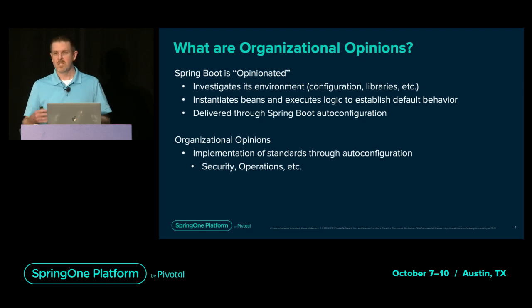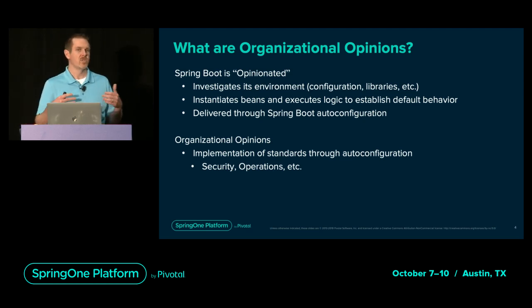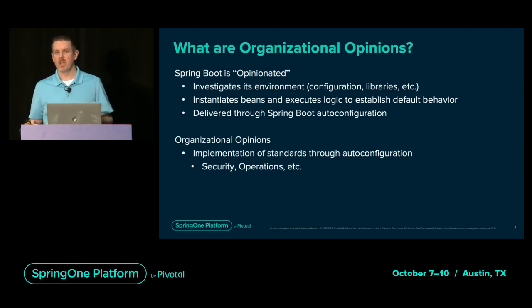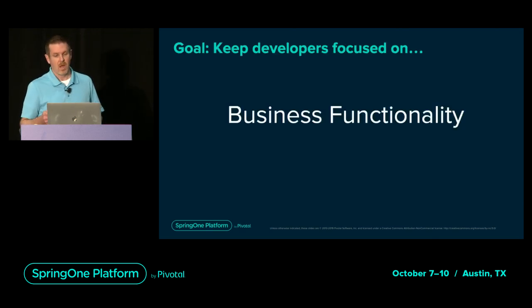And these standards and best practices, it doesn't matter whether it's security or operations related, there's really a wide variety of best practices that you can actually take and codify into these application frameworks to help speed their development and speed delivery to market. And really, the goal of this is all to just keep them focused on one thing, and that's delivering business functionality, right?